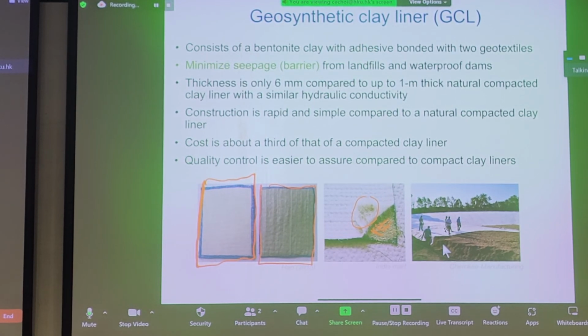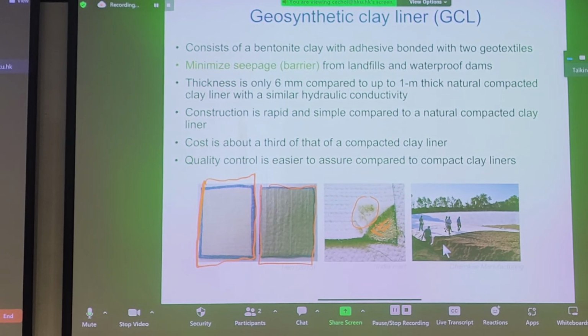The advantage of using GCL is that in this case, these are in the order of millimeters of thickness. If you had to use clay instead of GCL, there are a few problems. You need a much thicker layer of clay. Clay is susceptible to desiccation, drying, shrinkage, cracking. It's very difficult for the contractor to compact the clay to not have problems.